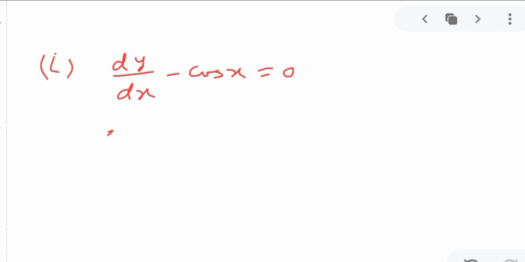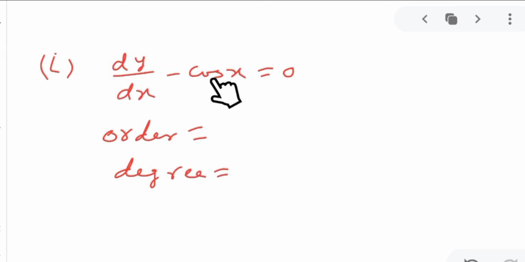Additional question: you have to find order and degree. The first question is given as dy upon dx minus cos x. What is the order and what is the degree? First you check whether it is a polynomial. Yes, it is a polynomial.